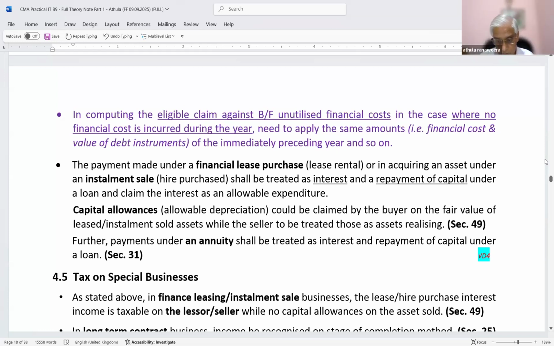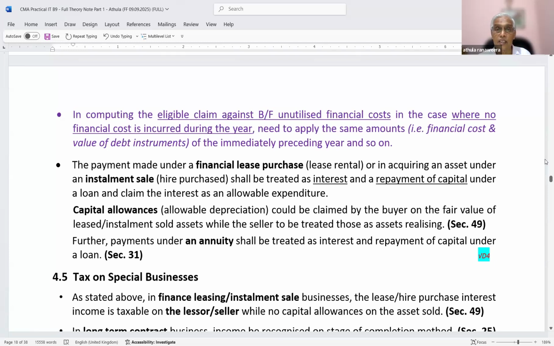Therefore, first we have to decide the intention of making that investment, whether it is as an investment or as a business. Then depending on that only we have to apply the tax law.